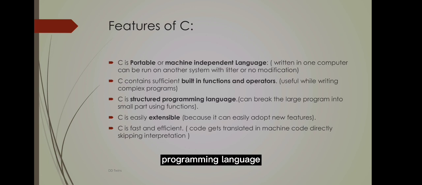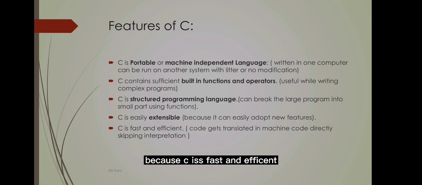And C is a structured programming language, which means we can break a large program into small parts using the functions which C provides. Now let's go to the next point. Every day new features come to C and we can easily add those features in our program, so it is extensible. And next point, C is fast and efficient. This is the main reason why people choose C over other languages.